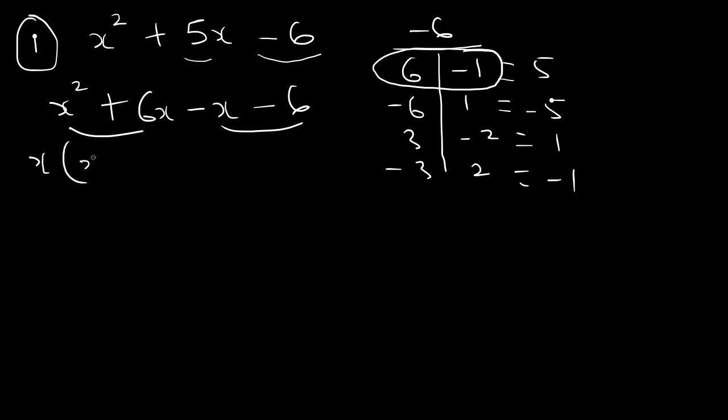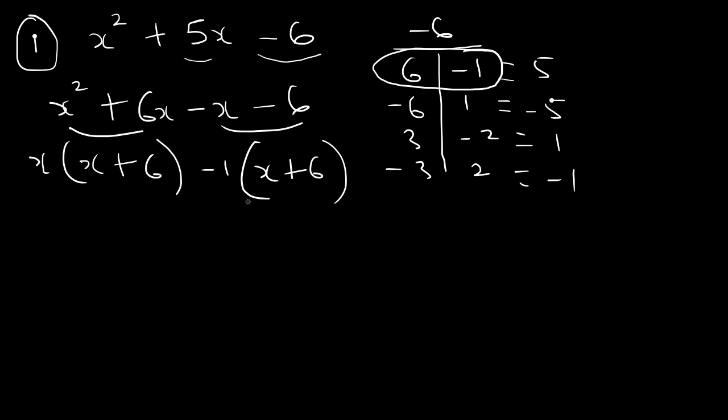And we have x squared divided by x is x, 6x divided by x is 6. Now coming to this place, minus x minus 6. Now there is no x in 6, so we'll use 1. 1 is common. So minus x divided by minus 1 will give us a positive x, and minus 6 divided by minus 1 will give us a positive 6.